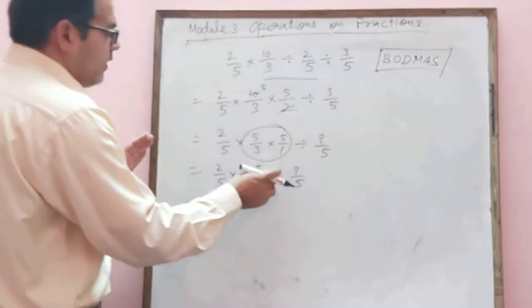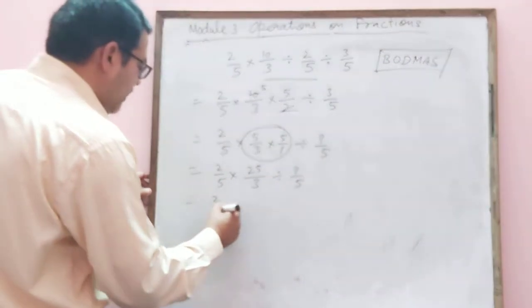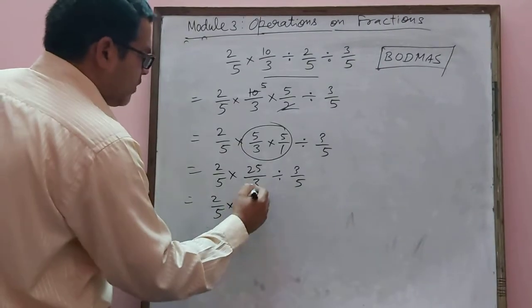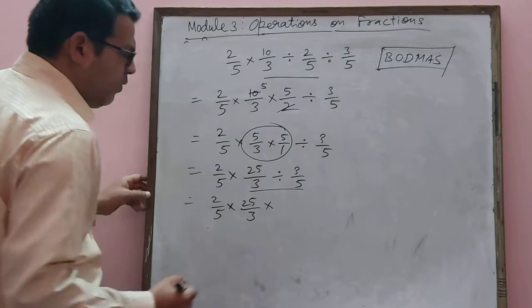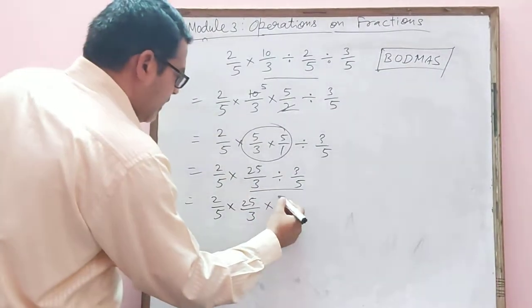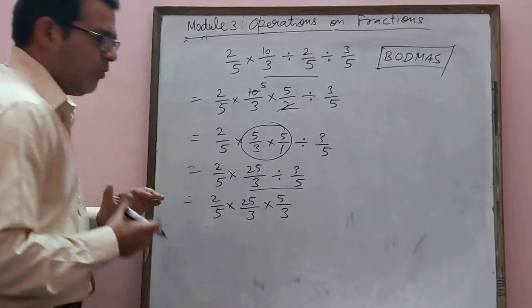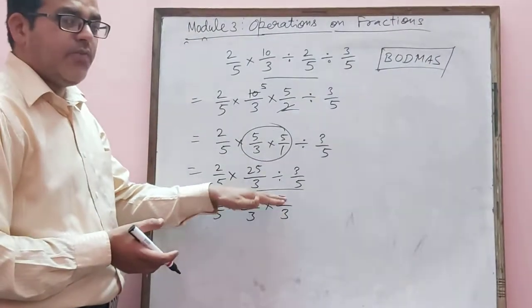One division is also we have here. So first we need to solve this one now. So 25 by 3, now what we do? Division we can convert in multiplication after taking reciprocal of the divisor. 3 upon 5 is divisor. We can write it 5 by 3.